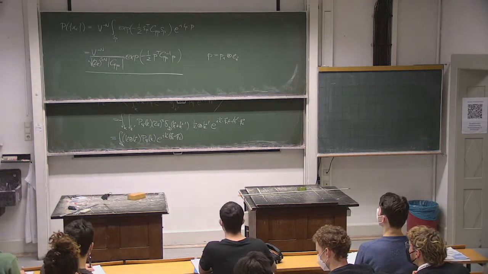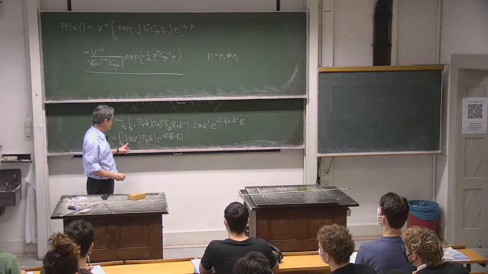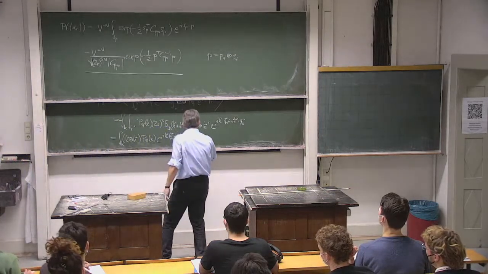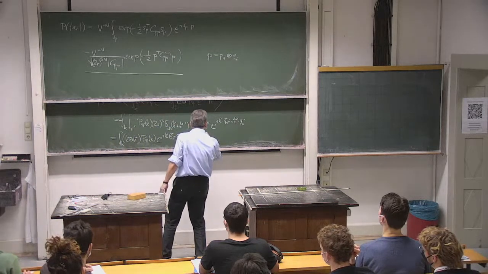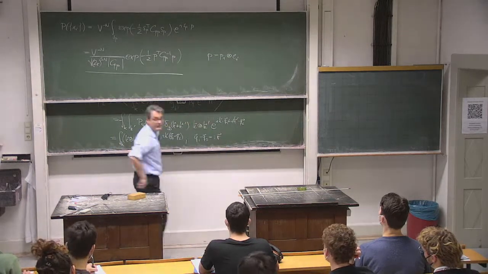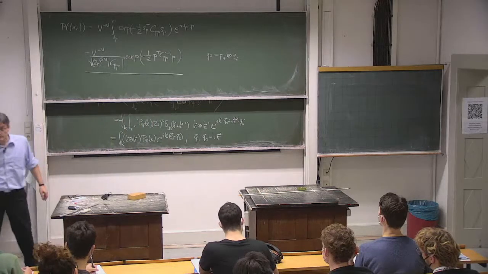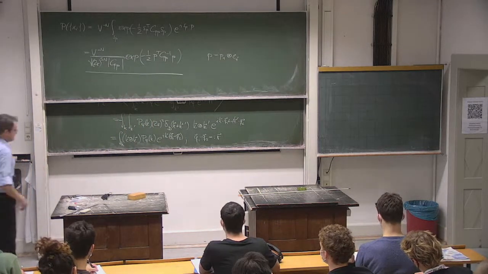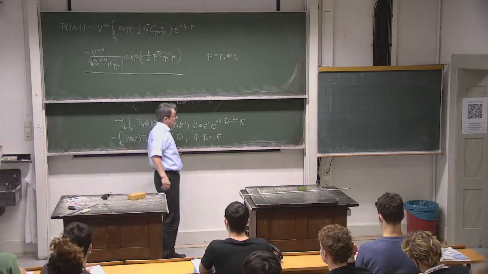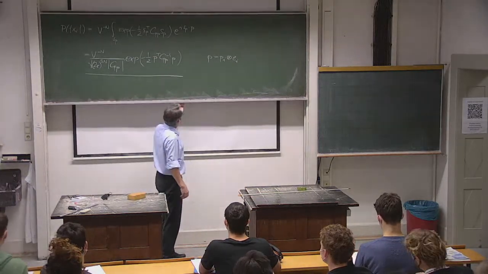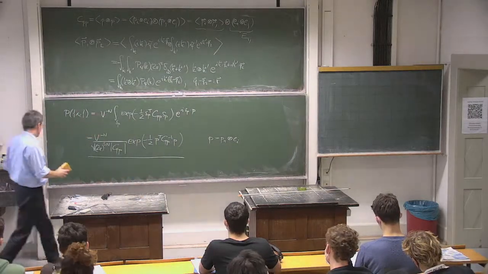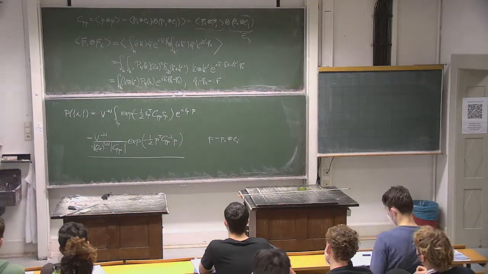Okay, this we can deal with, right? So that's rather easy. Now, let me just abbreviate q1 minus q2 by the separation vector r. Okay, so we have to evaluate a quantity like this.